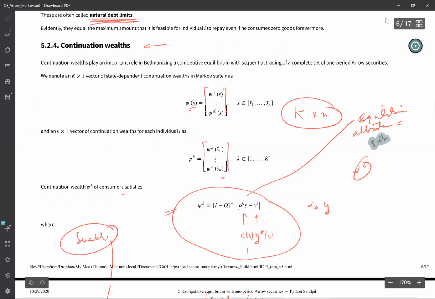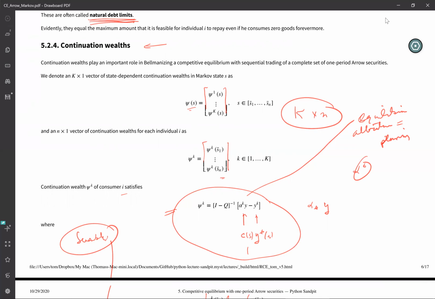It equals the planning allocation. And what the planner did is he or she took the aggregate endowment and assigned everybody constant shares of the aggregate endowment, constant across states, constant across time.